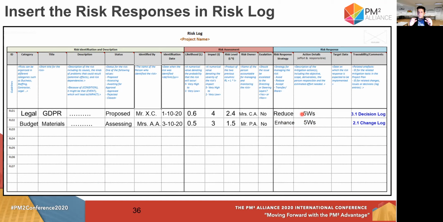So in one sentence, I describe the response with the 5W method, which is who, what, when, where, why. If you have that in one sentence, you will not have any problem.